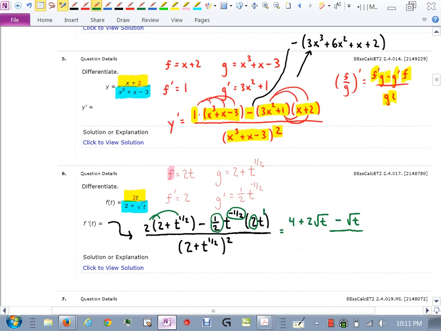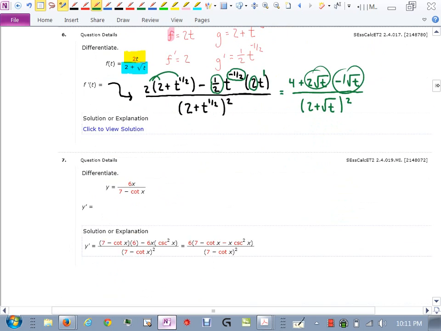Then all of that over the denominator, which I'm going to rewrite t to the 1/2 as square root of t, but all of that's squared. Now on the top, notice I have 2 root t, take away 1 root t. That's just going to leave me a root t. So I have 4 plus 1 root t up there over 2 plus root t squared.